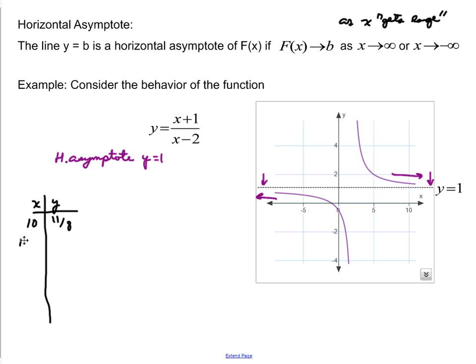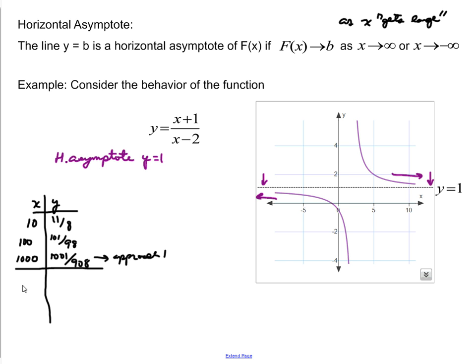If we put in 100, we're going to get 101 over 98. If we put in 1,000, we get 1,001 over 998. As these numbers get larger and larger for x, these values approach positive 1.